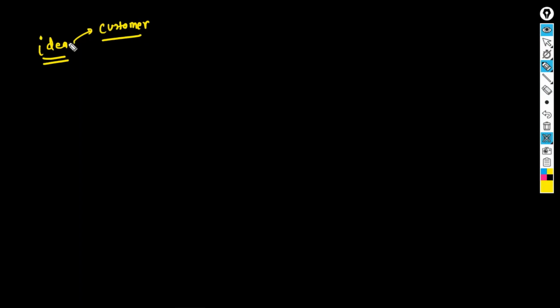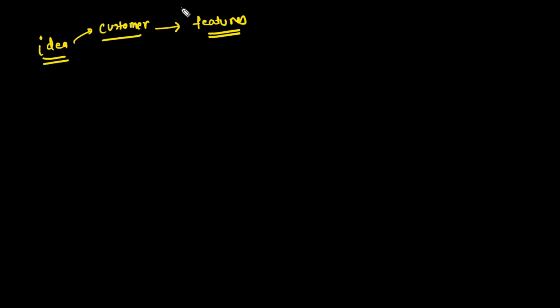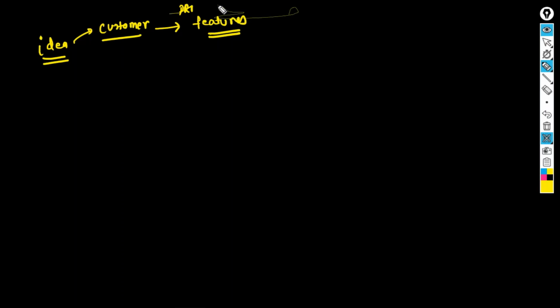So it starts with an idea. After that idea, it will start execution of what features you want in this particular project. So this is what we call the PRD, project review description. PRD. In that, features you will decide.